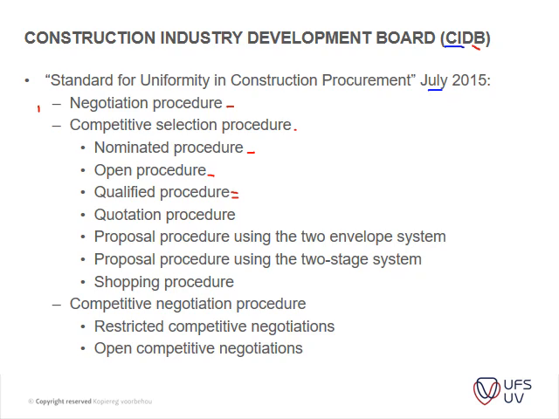Then you've got your quotation procedure, where you usually don't have a design, so you put out an advert that people can actually do a design and a quotation to install this building.